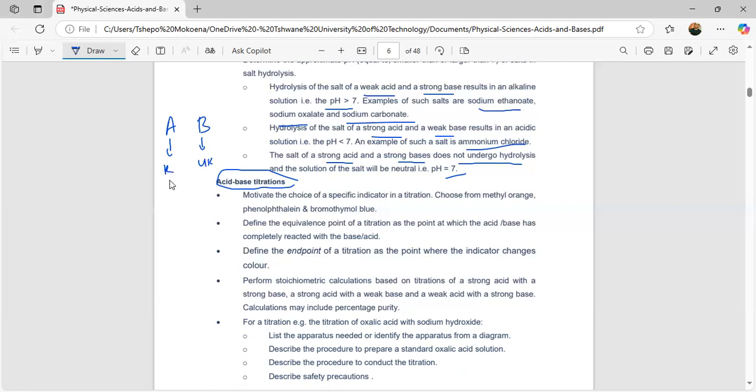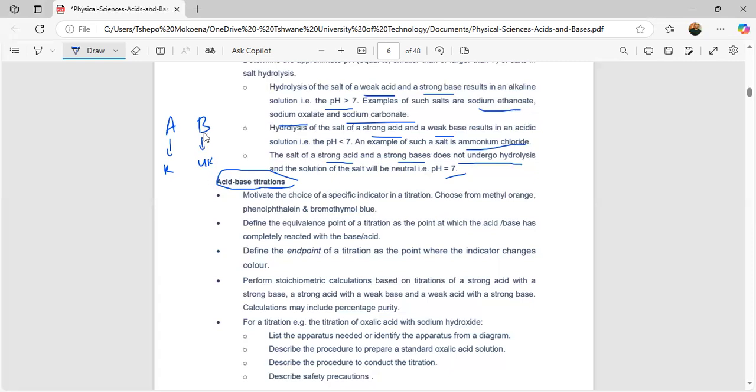A standard solution can be prepared when you perform your calculations, or a standard solution can be given. You will see when we do more complex calculations how to prepare your standard solution, because you're going to know its concentration by performing your stoichiometric calculations.